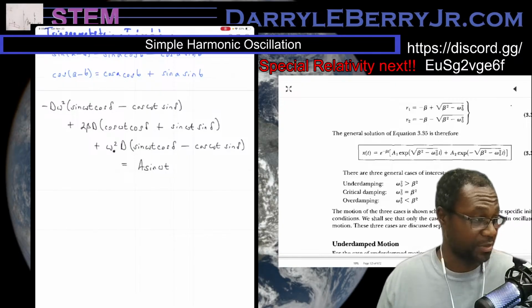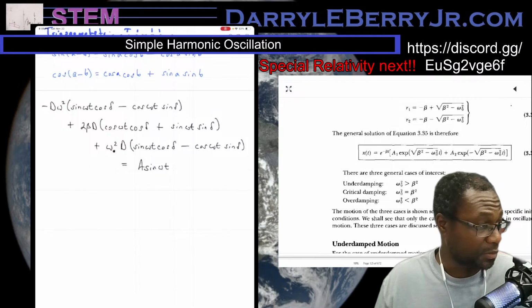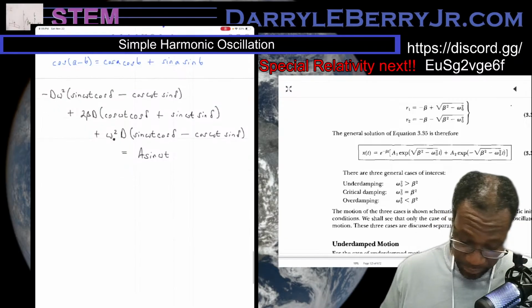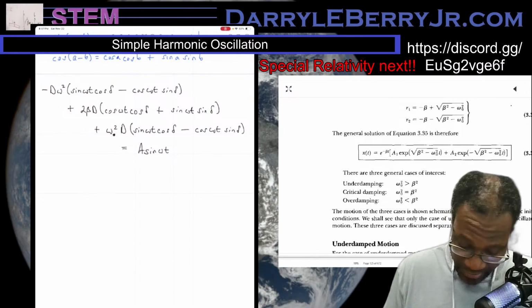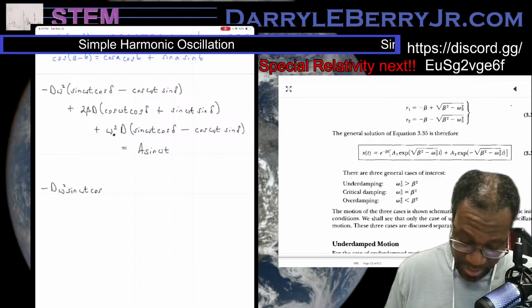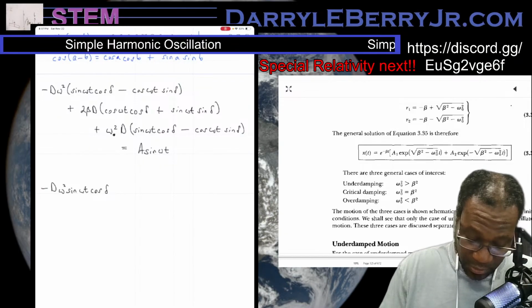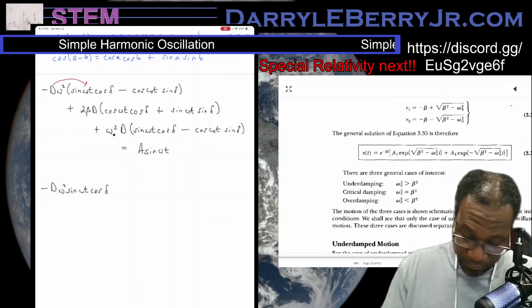All right, so now we're going to do this. There's a little bit of algebra going on. First thing I'll do is distribute this. So I'm going to have negative D omega squared sine omega t cosine delta. That's distributing this here.